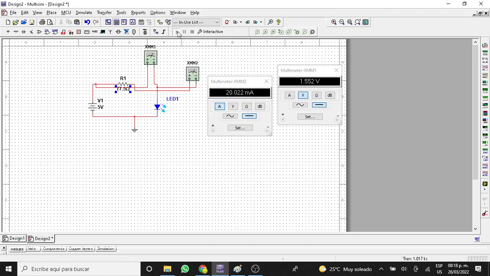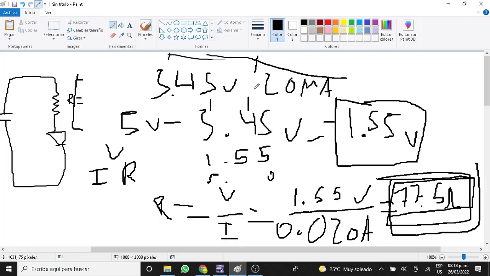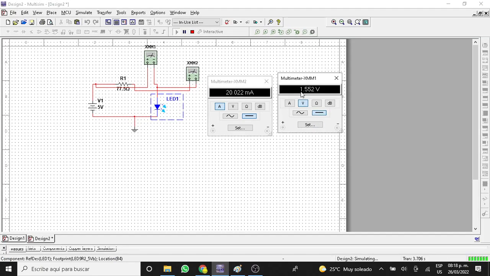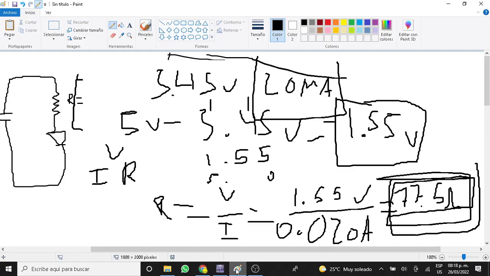The consumption of this LED is 20 milliamps. And the voltage drop is 1.552 volts. This is within about 5 percent more or less, something like that.